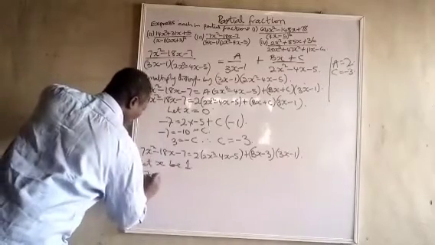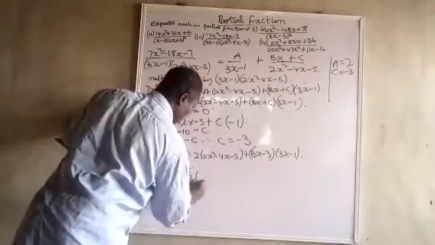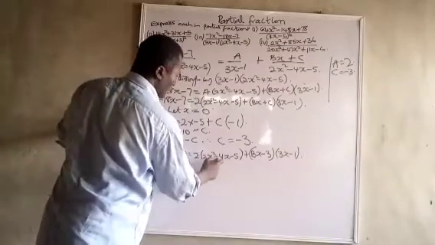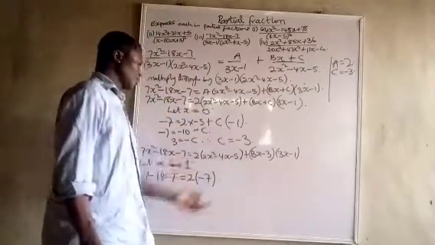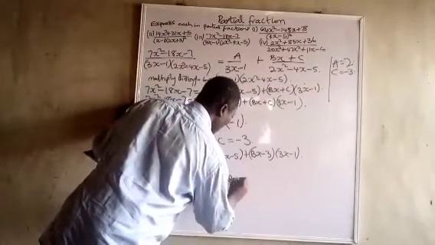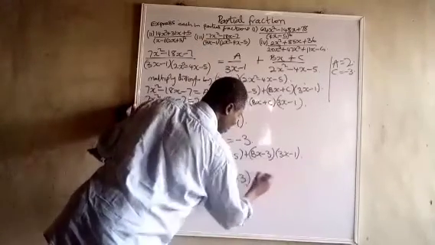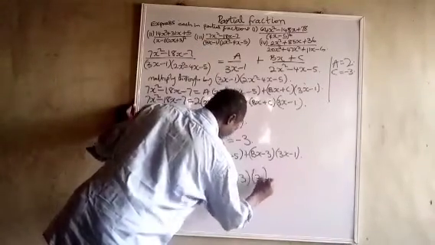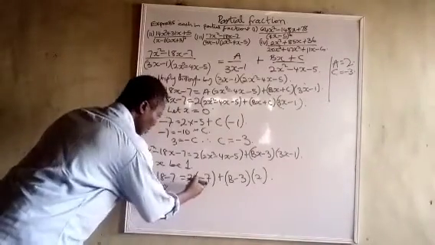So this one will be 7 minus 18 minus 7. And that's going to give me 2 into 2 minus 4, that's minus 2, minus 5, minus 7, 2 minus 4. And this one is going to be b minus 3. This is 1, so that is going to be 3 minus 1. That is 2. So this is going to give me minus 18. So this is minus 14.